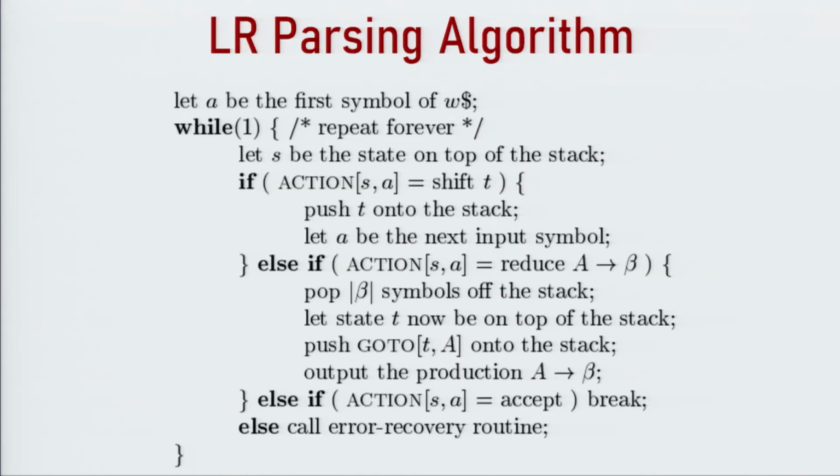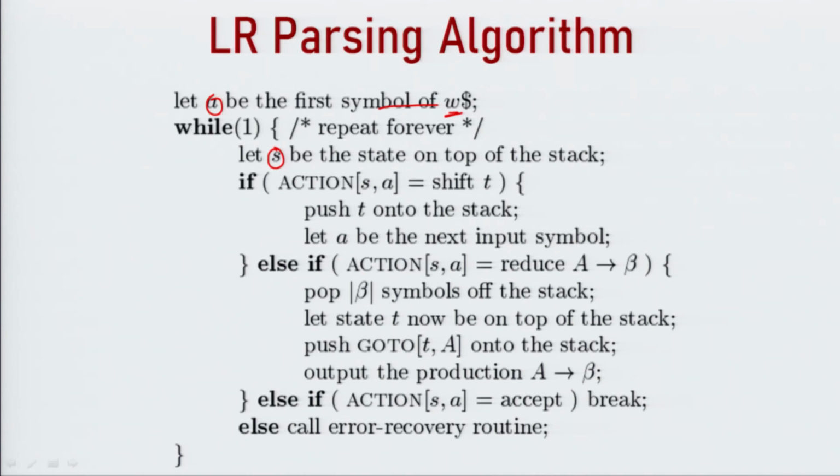Now, next is the SLR parsing algorithm, which combines all these constructs. Let a be the first symbol of w dollar, meaning the first symbol on the input tape is small a. While 1, let S be the state on the top of the stack. With respect to S and a, we look into the table.